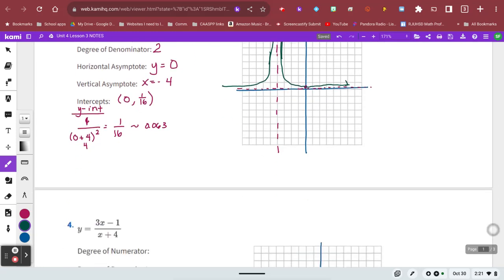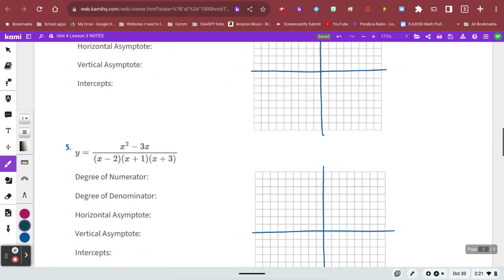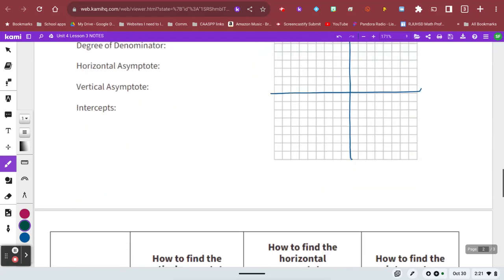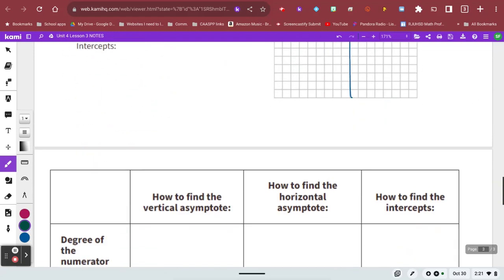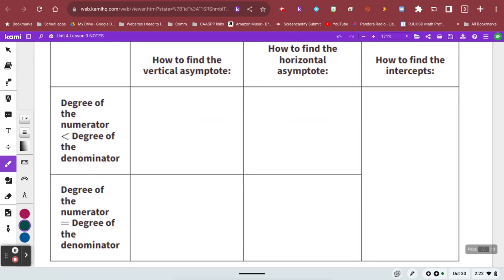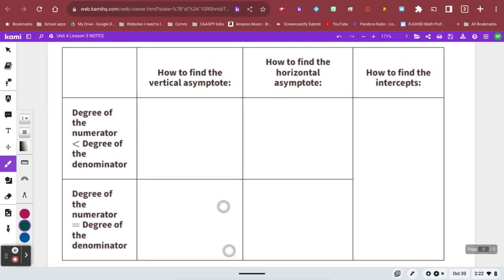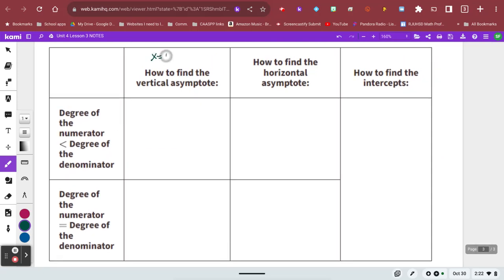Okay. I'm going to skip these for just a minute. I want you to go to the third page where we can find how to find all of this information on your own. So the vertical asymptote, remember, this one is going to be where x equals a number. So x equals some number means the asymptote is going straight up and down.